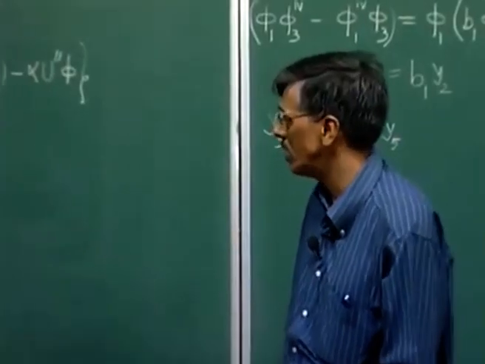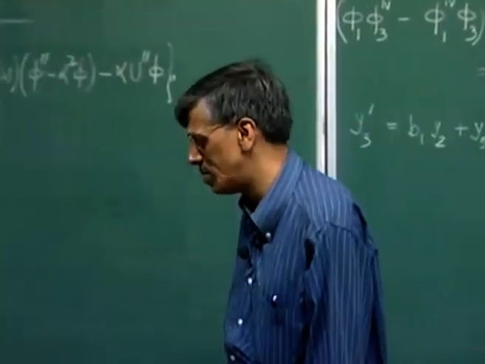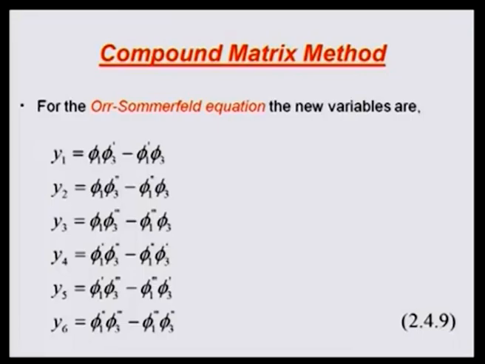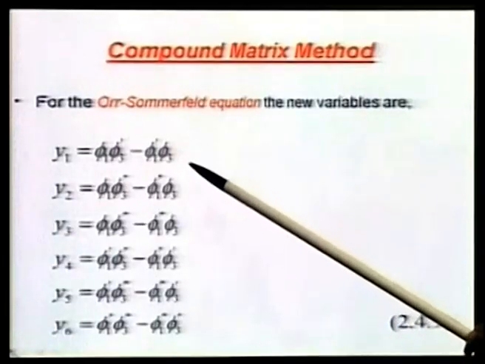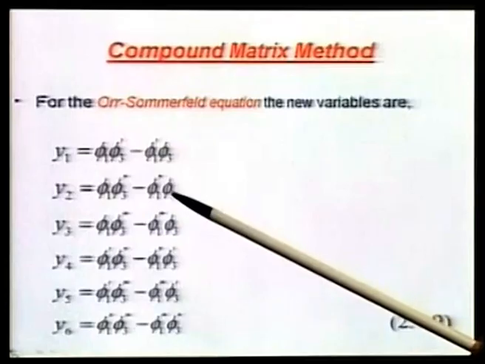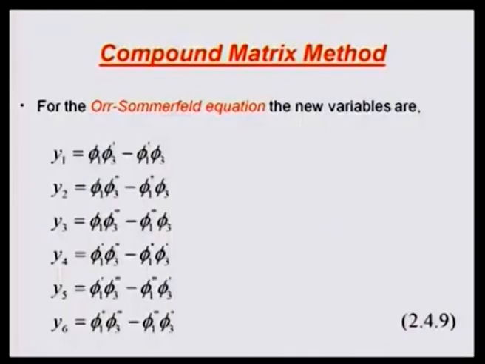This was what we concluded, and we came to the conclusion that we will use a method which can do away with these problems. For example, if I define these fundamental solutions as phi 1 and phi 3, in the last class we talked about that the knowledge of the solution is equivalent to having this solution vector.